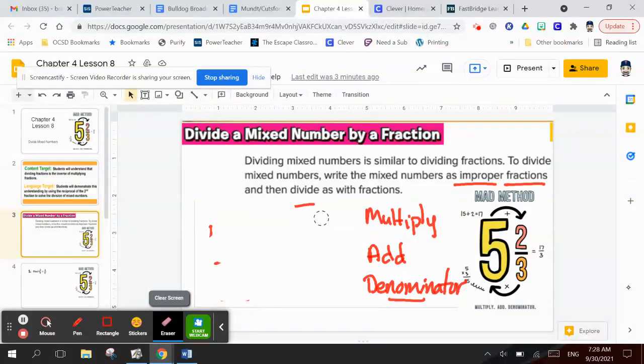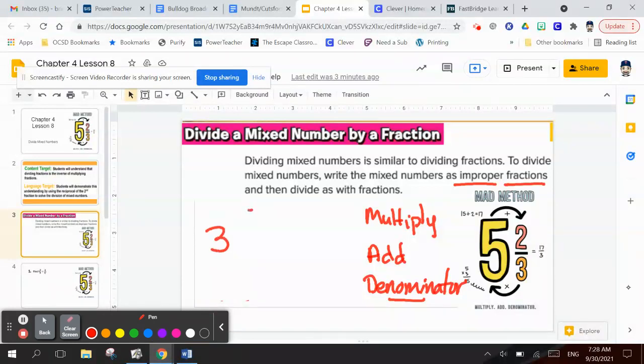Let's take a look at another one. Let's look at 3 5/6. I'm going to do the same thing. I'm going to multiply my whole number times my denominator. So I take 3 times 6. 3 times 6 is 18.